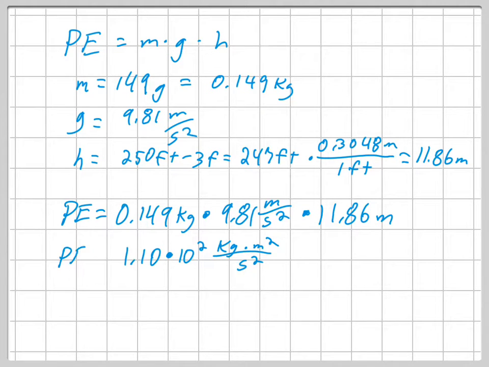And remember that that is our units for the joule. So it's really 1.10 times 10 squared joules, which is 110 joules. That's the increase in potential energy for the ball whenever it's at its highest point.